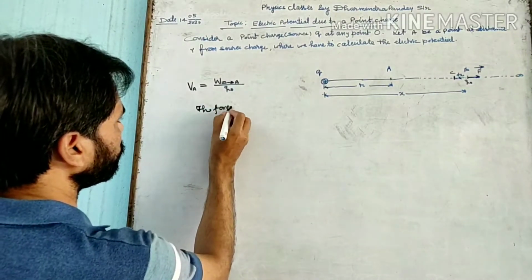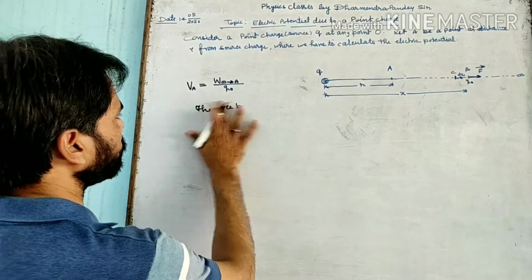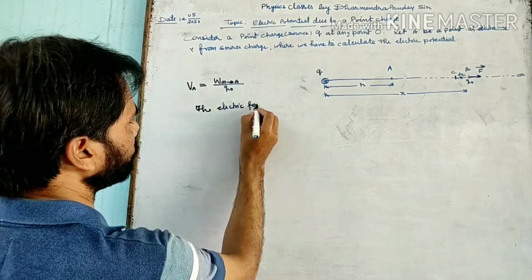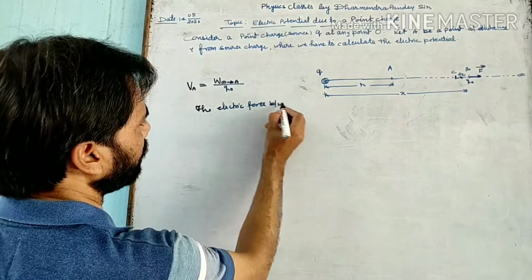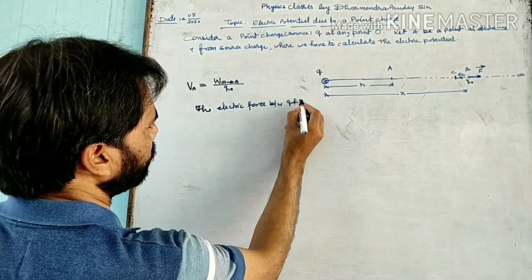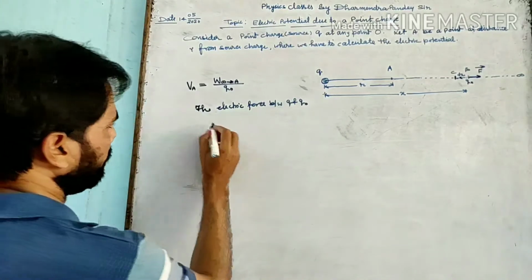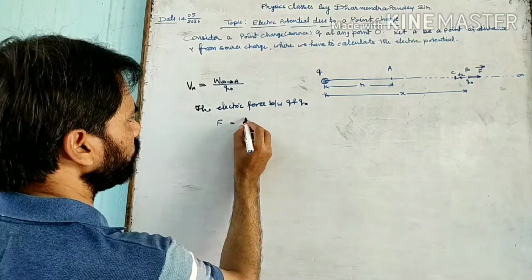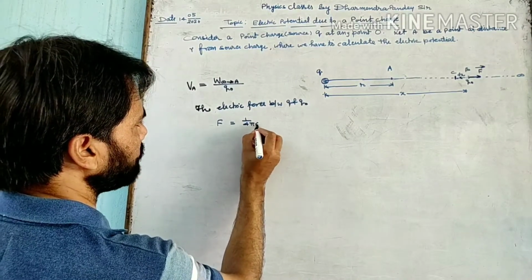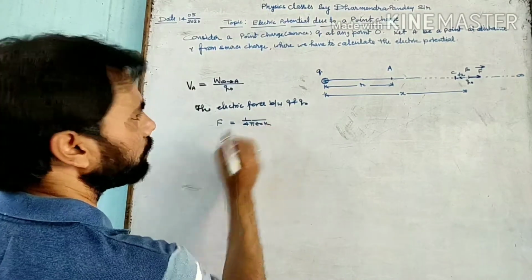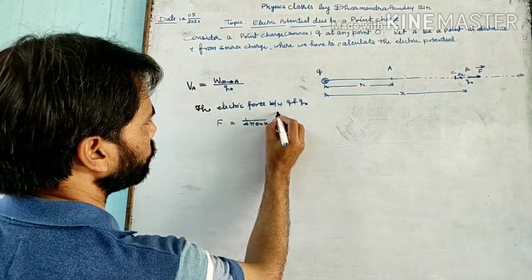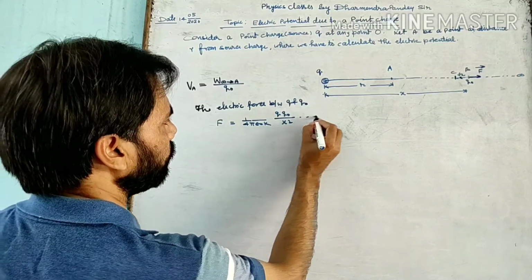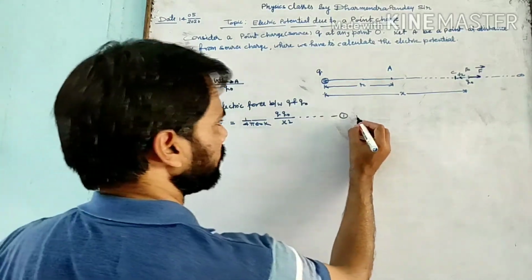So the electric force between Q and Q0 can be written as F is equal to 1 upon 4 pi epsilon 0 K, Q Q0 upon x square. What is K here?